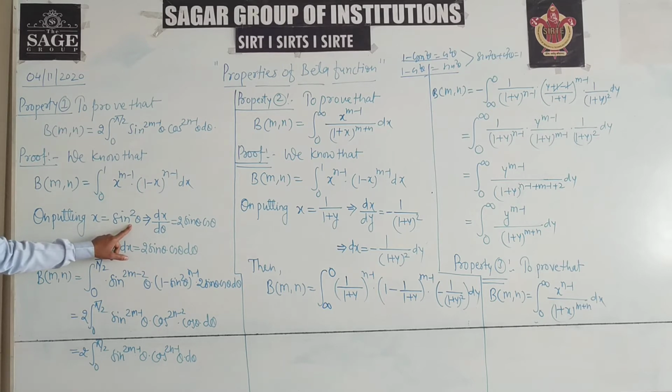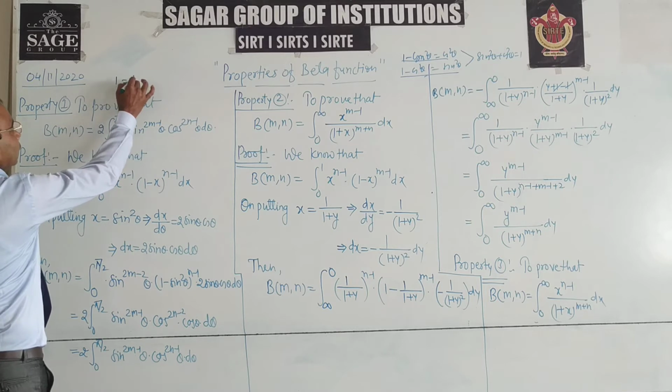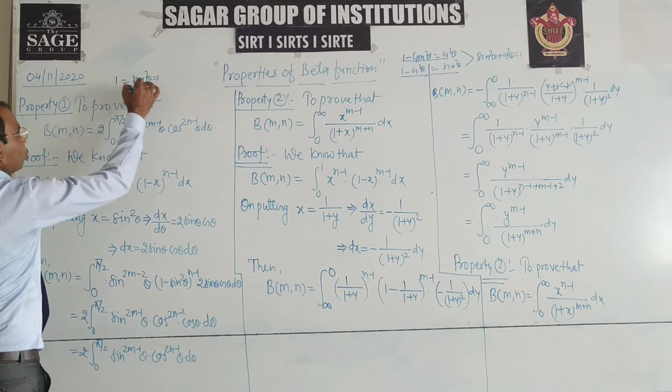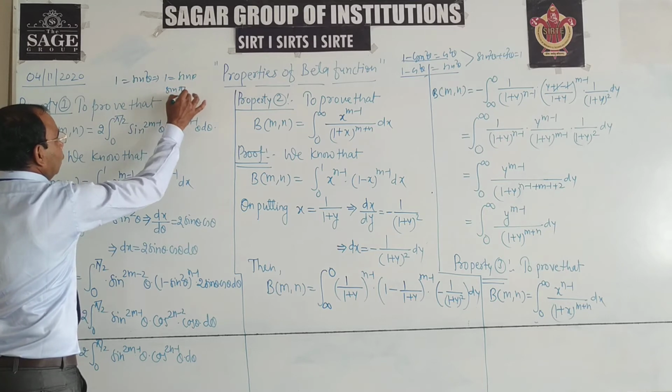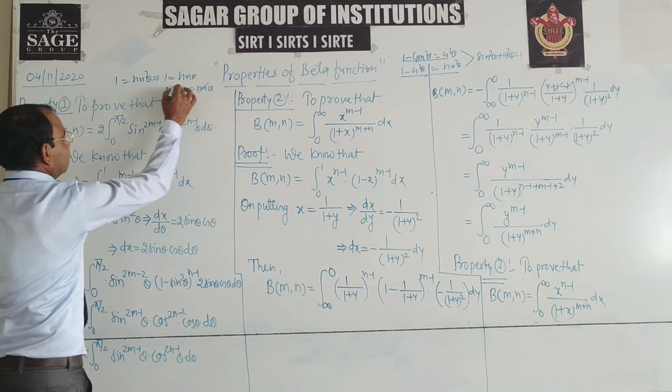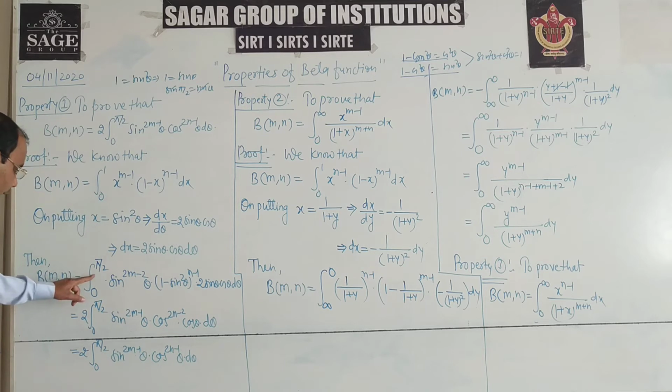The value of 0 in the sin term is sin 0, so theta is 0. And after that for 1, 1 equals sin square theta. On taking the square root, 1 equals sin theta, so sin pi by 2 equals sin theta, sin cancels, and theta equals pi by 2.